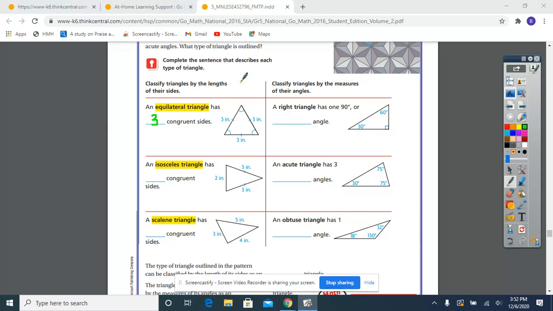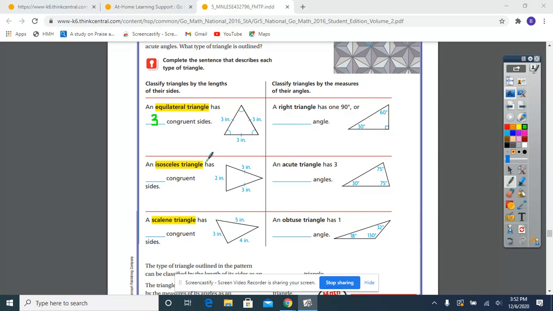The second way to classify a triangle by its sides is as an isosceles triangle, okay? So on this triangle, you will notice that there is 2 sides that measure 3 inches, and then there's 1 side that measures 2 inches. So 2 of the sides are the same.